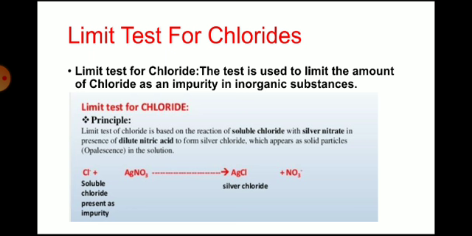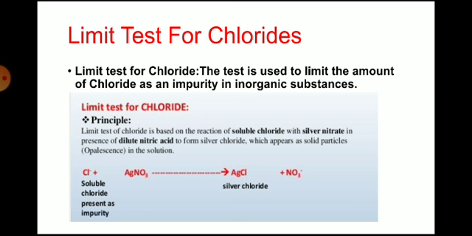The soluble chloride is present as impurity in the limit test for chloride. The principle behind the limit test for chloride is based on the reaction of sodium chloride with silver nitrate in the presence of dilute nitric acid to form silver chloride, which appears as solid particles in the solution.